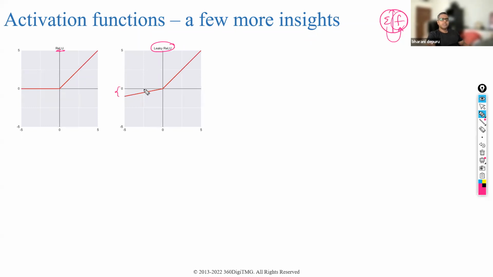For positive values, it is still going to act like typical ReLU. If this value is 0.8, the output will be 0.8. If this integration value going into the activation function happens to be 0.3, the output would be 0.3. In Leaky ReLU, you scale down the negative values by a factor of 10.